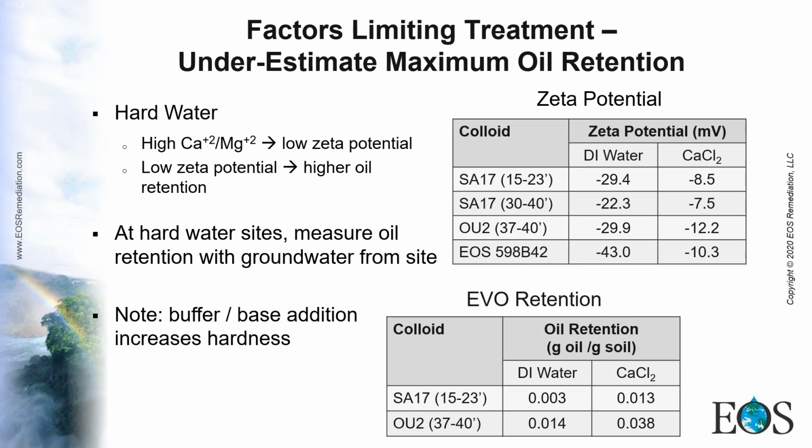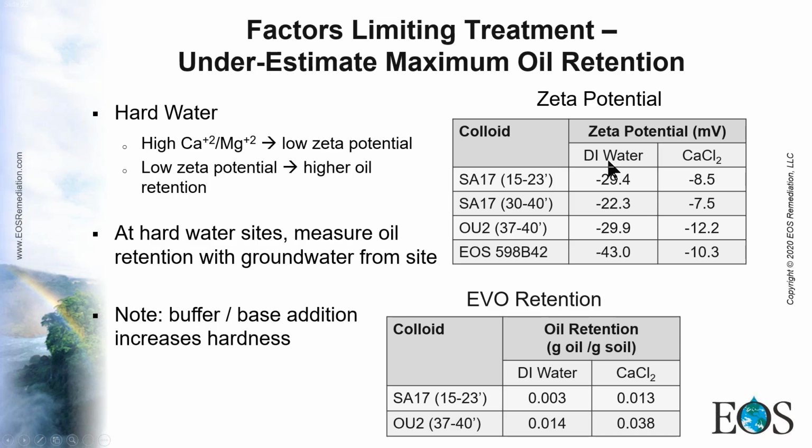At a few sites, we went out and measured the zeta potential of the soil and the EOCVO in deionized water and in calcium chloride. In deionized water, you have a very strongly negative zeta potential. In calcium chloride, the zeta potential is a lot less negative.